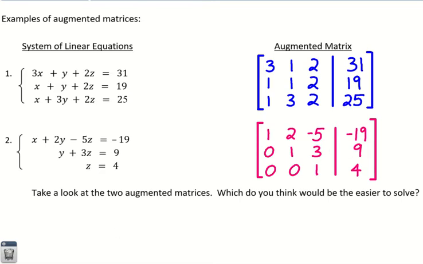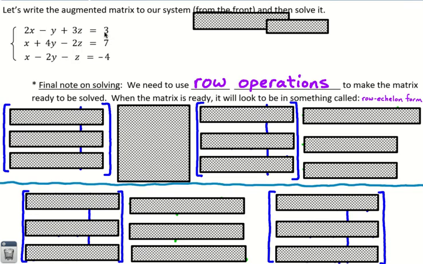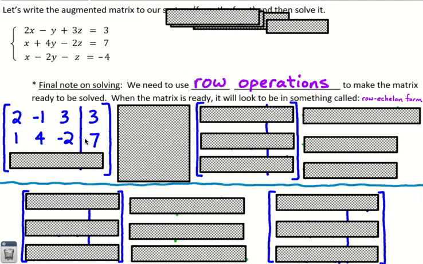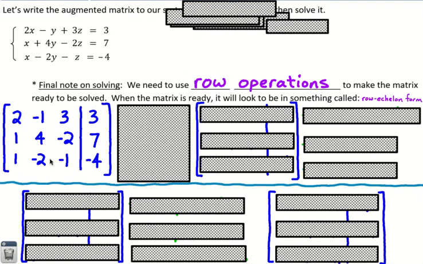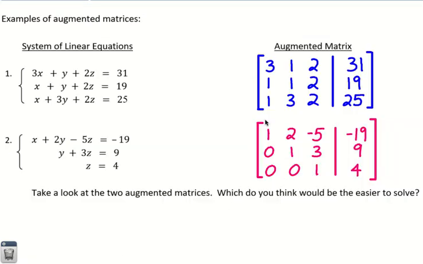This is row echelon form. So it's good to know that in advance. Our goal is to make the original matrix from our system look like this, and therefore be ready to actually be solved, like I just talked about.